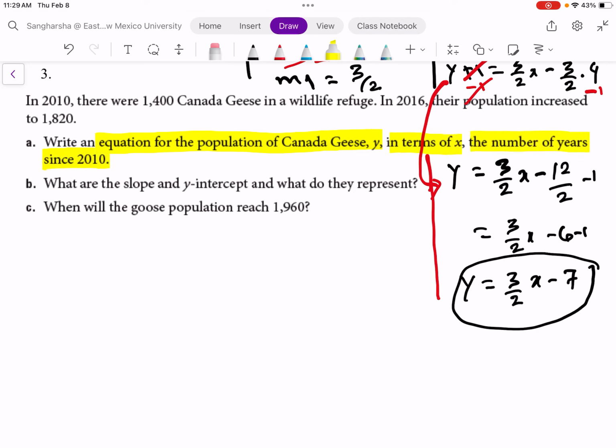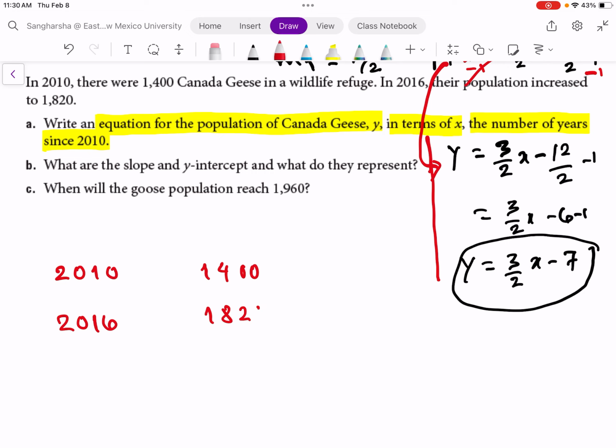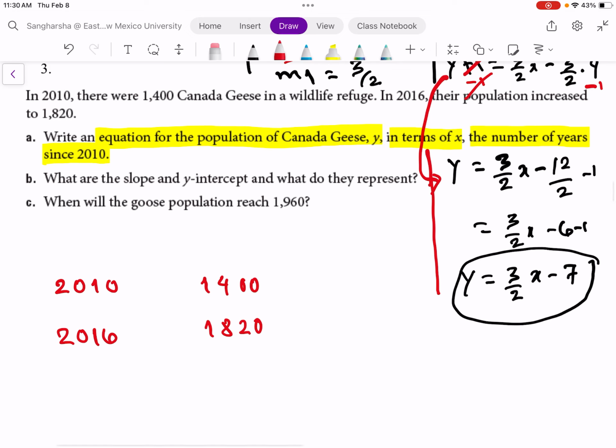So in 2010 the number of geese is 1400, and it increased to 1820 in 2016. That's what we are given.